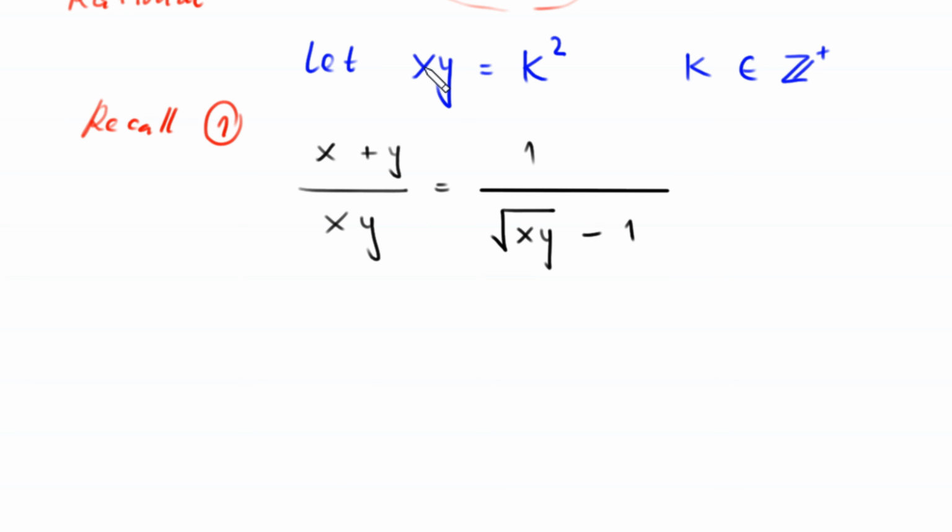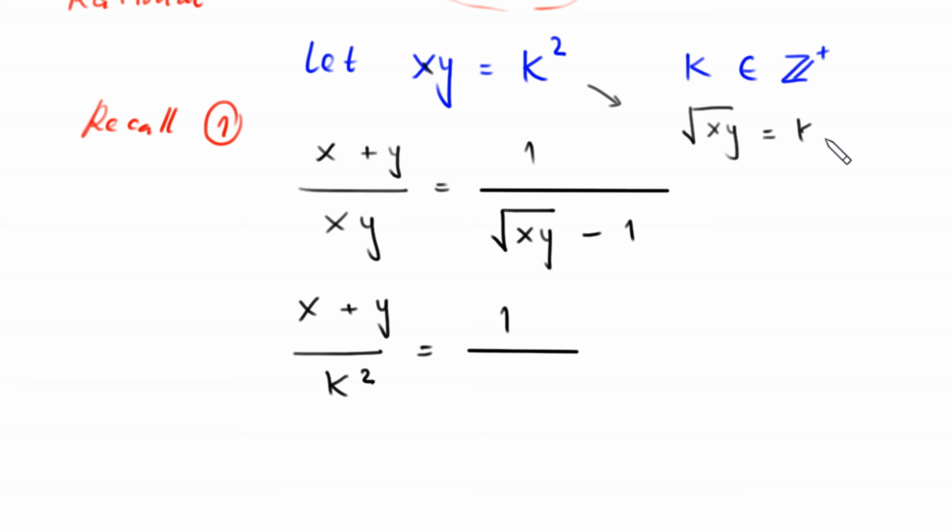Since x times y is equal to k squared, this equation will become (x plus y) divided by k squared equal to 1 divided by root xy minus 1. If xy is equal to k squared, then root xy will be equal to k.